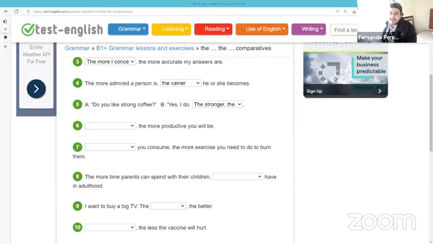The stronger, the better. Do you remember the song from Tame Impala? The song is called "The Less I Know the Better". It's the most popular. Oh yes, I know. I was listening to that song yesterday, and it's precisely this structure.